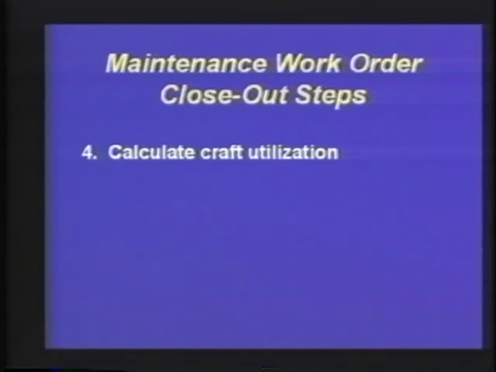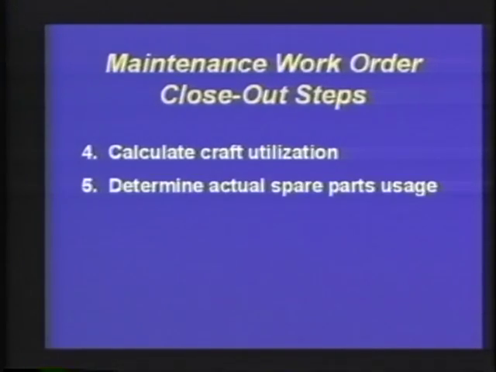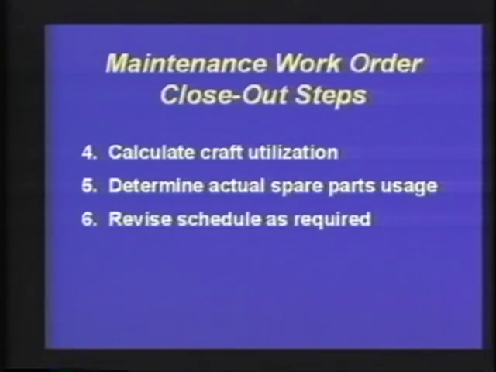Utilization is the total time on the job. And 5th is the analysis of actual spare parts usage. That's going to be done by the inventory system. The sixth element is the schedule, revise the schedule as required. That's going to be done by the planner scheduler.